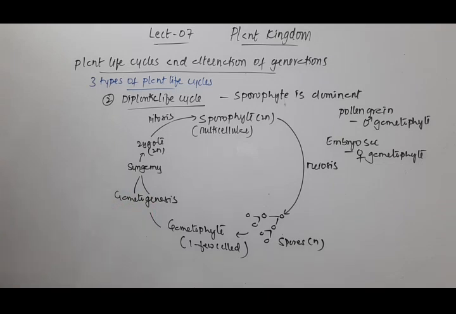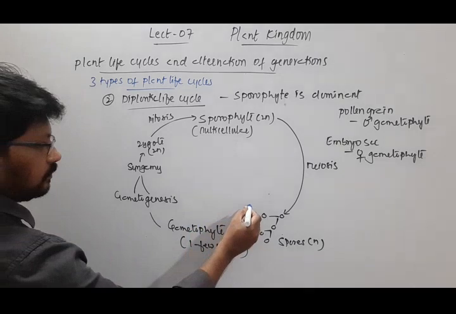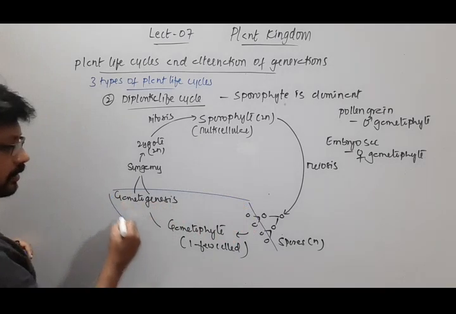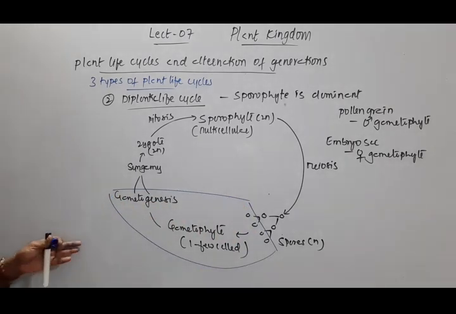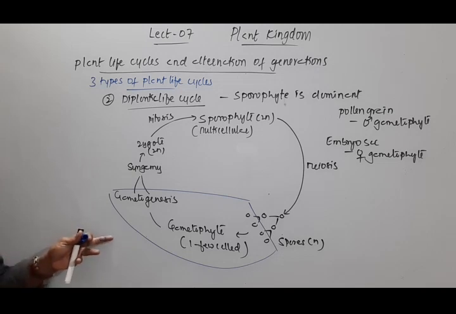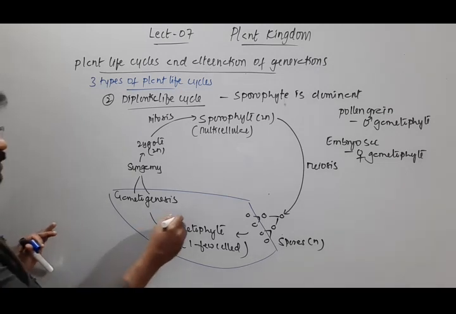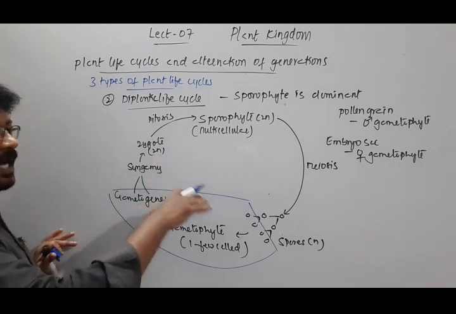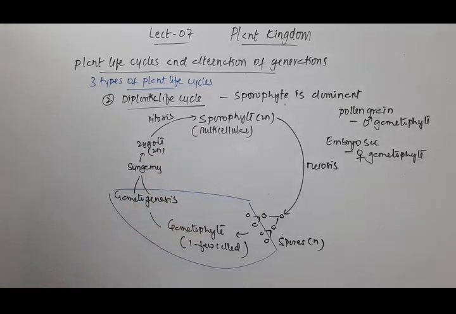Now when we see this diplontic life cycle, this portion will be the gametophytic stage, and this is the sporophyte. So most of the time the plant will be in the sporophyte condition only. So this type of life cycle is a diplontic life cycle.